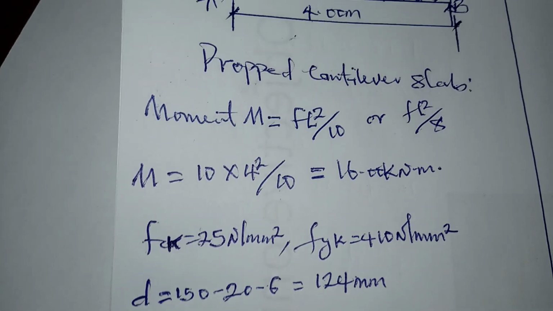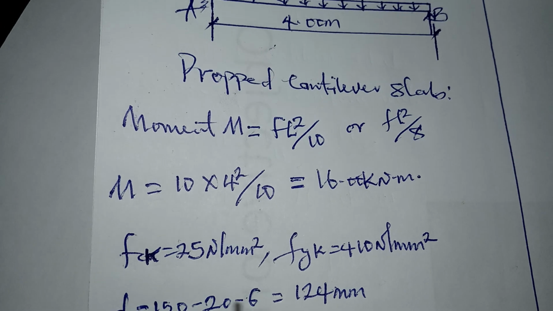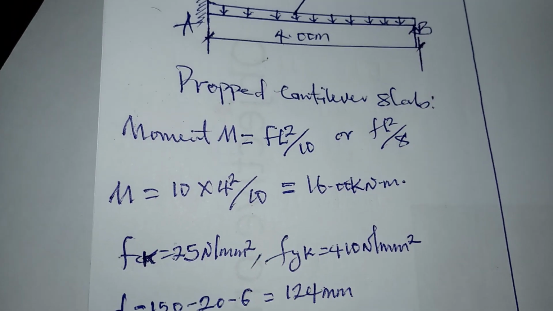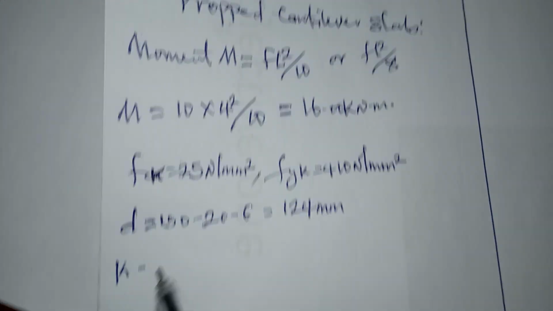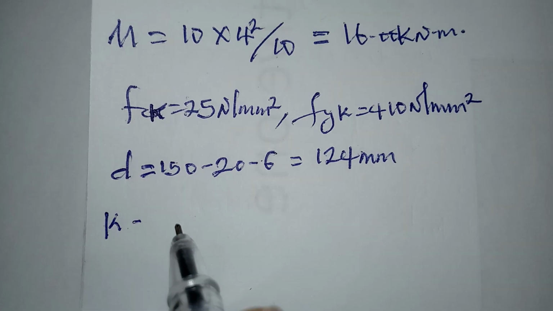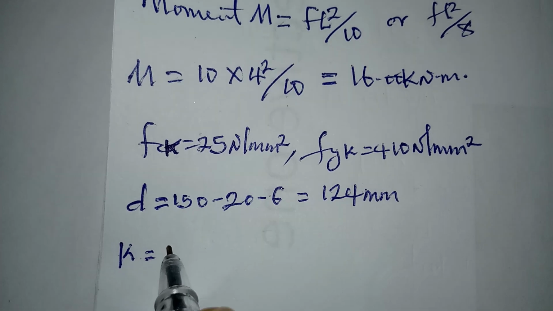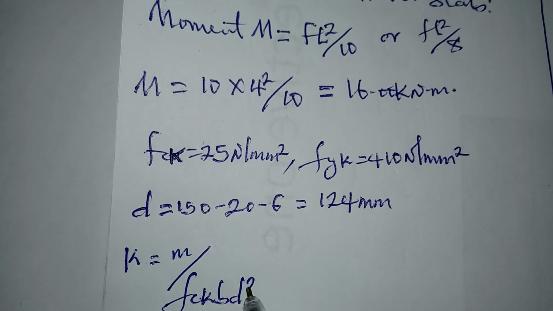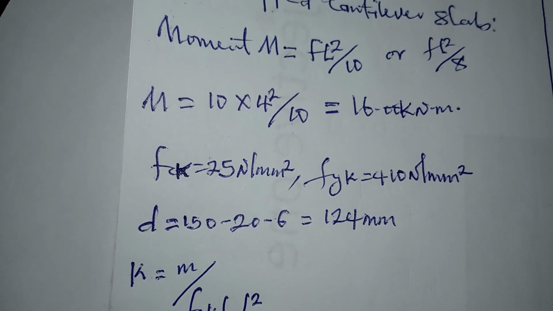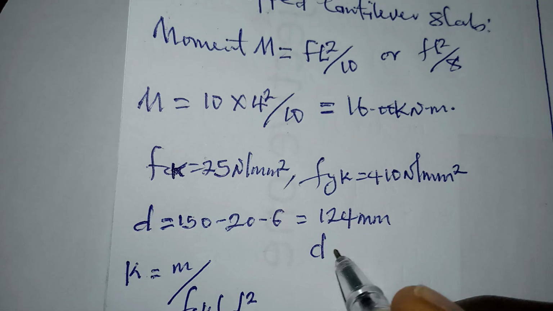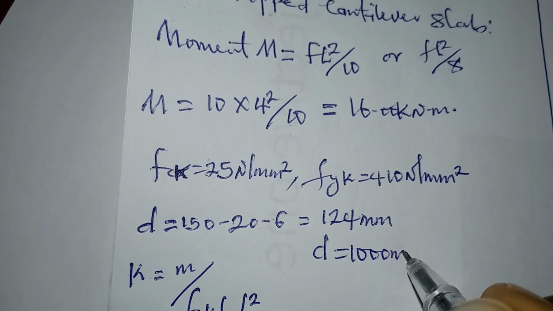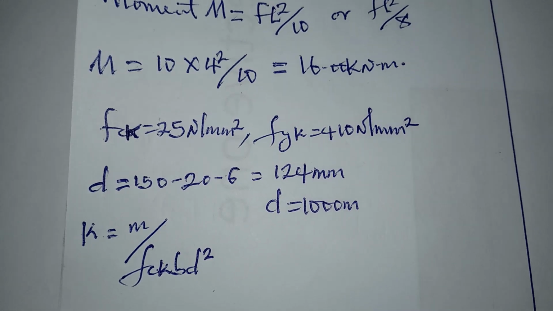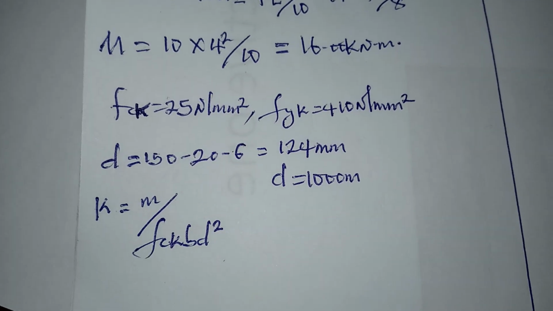So let's proceed with the analysis. First of all, we are going to calculate our K, which is M all over fck b d squared. Our b is going to be 1000 mm, seeing that we are going to be working on the slab per meter.